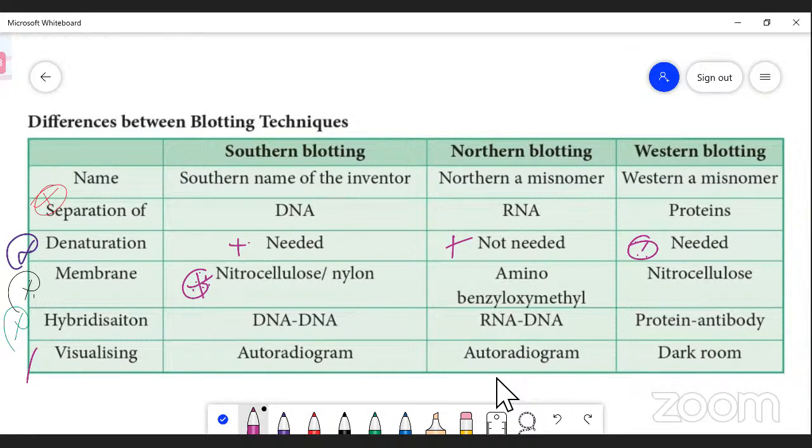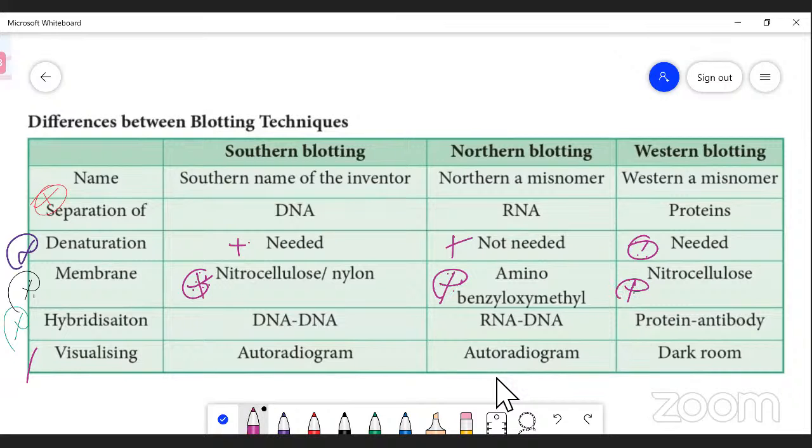This is the membrane used in northern blotting. My dear student, you can expect a question: which of the following membranes is widely used in northern blotting? A, nylon; B, nitrocellulose; C, amino benzyl oxymethyl, right? Next, talking about western blotting, the same nitrocellulose membrane is also used.